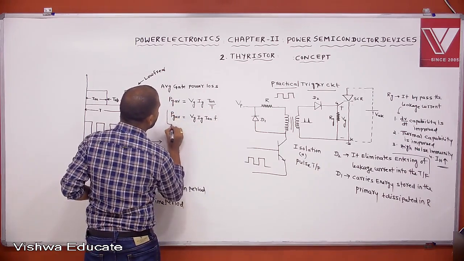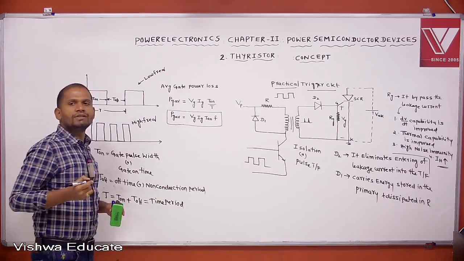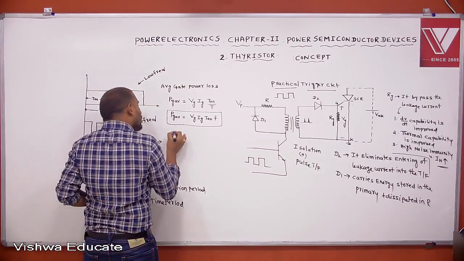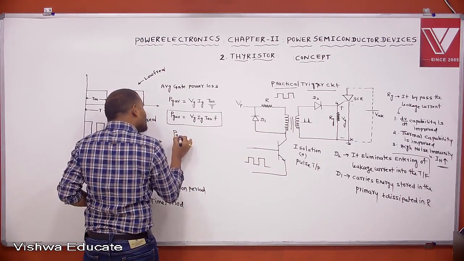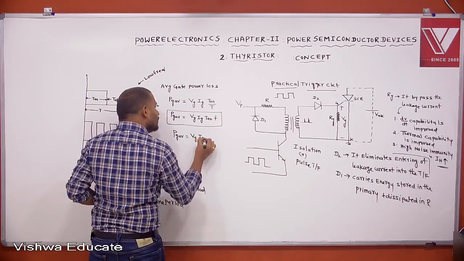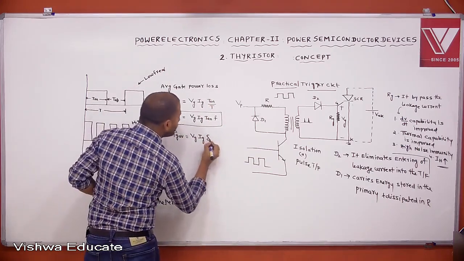This is one formula. Average gate power loss equals Vg Ig into T on into f. You can also write this formula like this: average gate power loss equals Vg into Ig into on time by total time period, which is called duty cycle, delta.